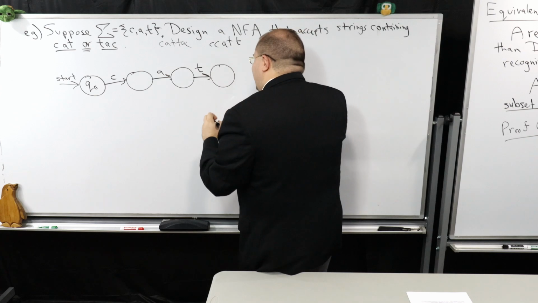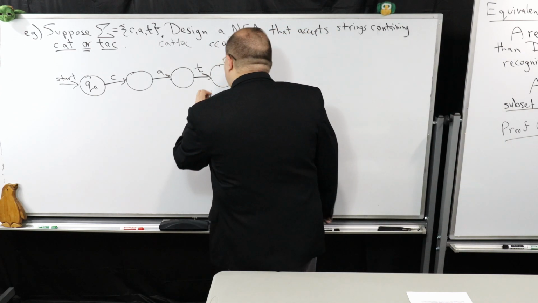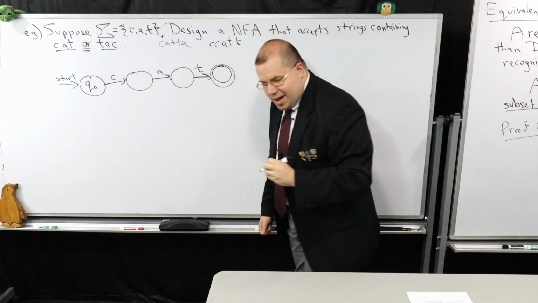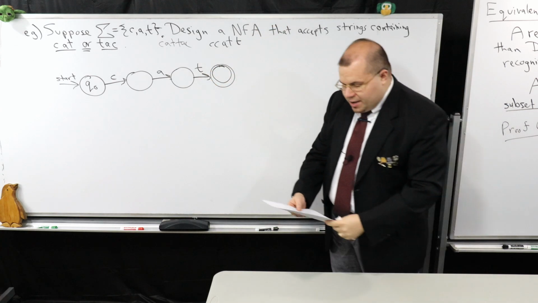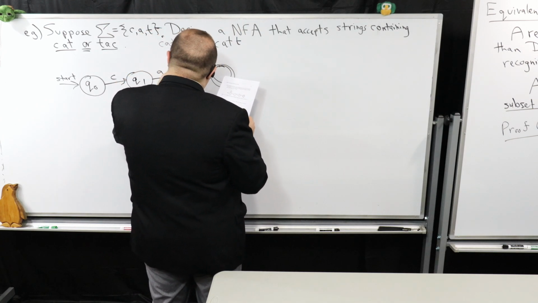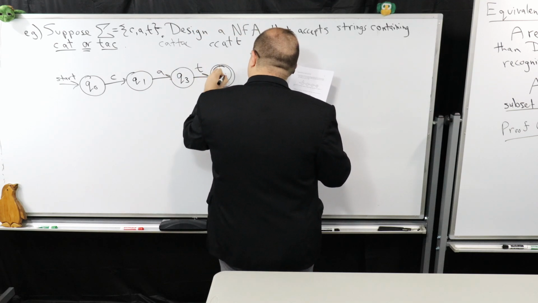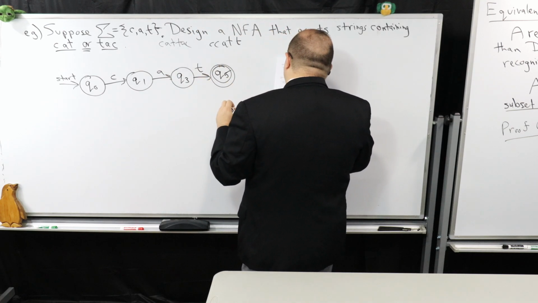And ideally, this would be your final state, right? So imagine I label this Q1. We'll call this Q3 because I'm going to add some more states later. Q5, but that's exactly what I was thinking about.